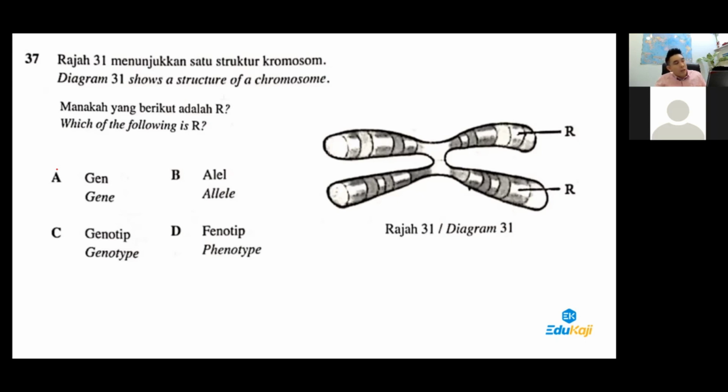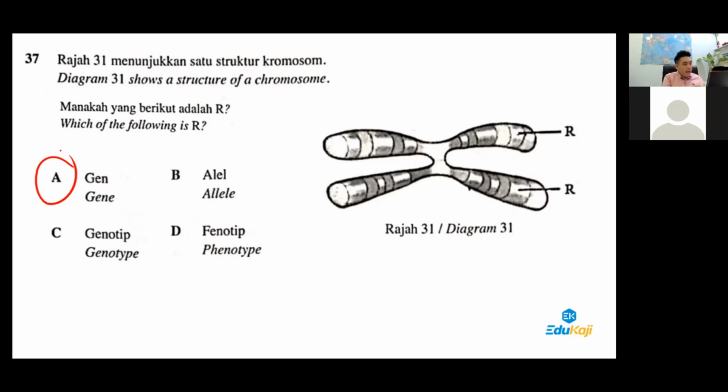These are genes lah. These are considered genes.